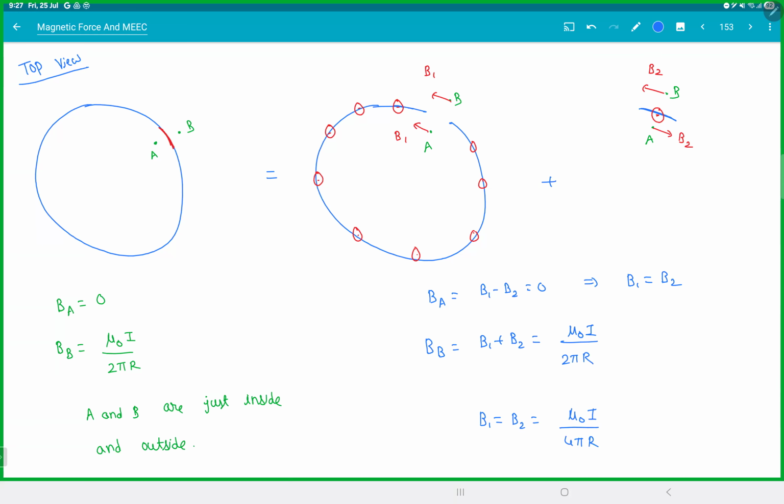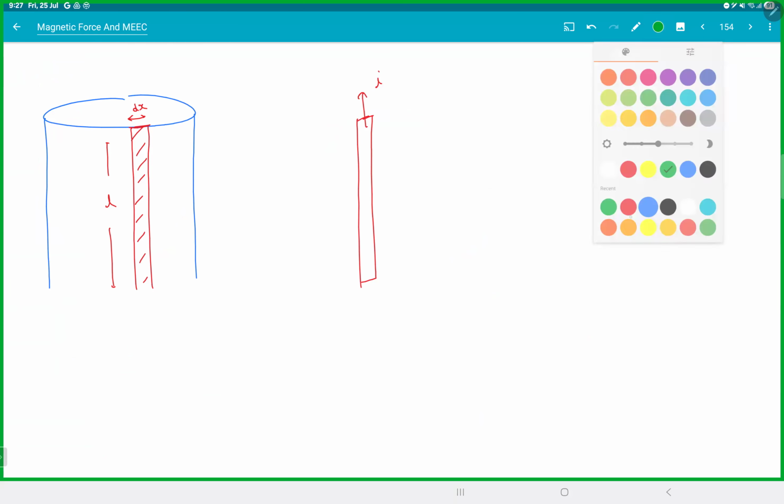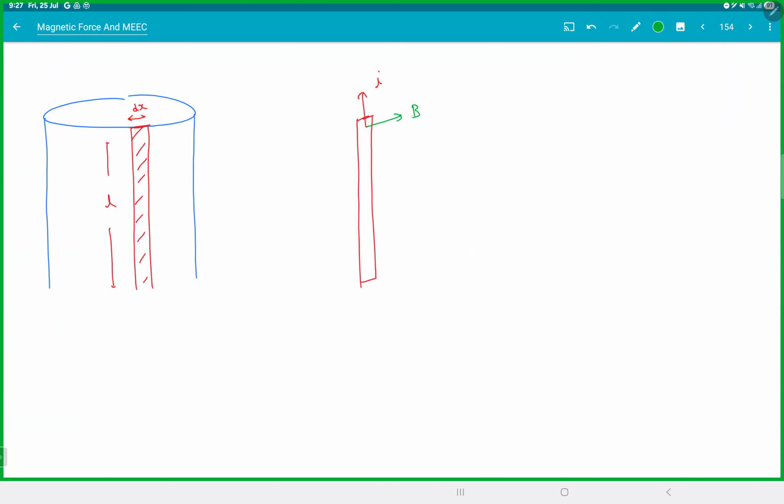Now, why do we need to do all this story? What we have literally found here is, on this small slice, the current is I. The magnetic field will be B. Now you tell me, this B will be due to what? This is not the total magnetic field.